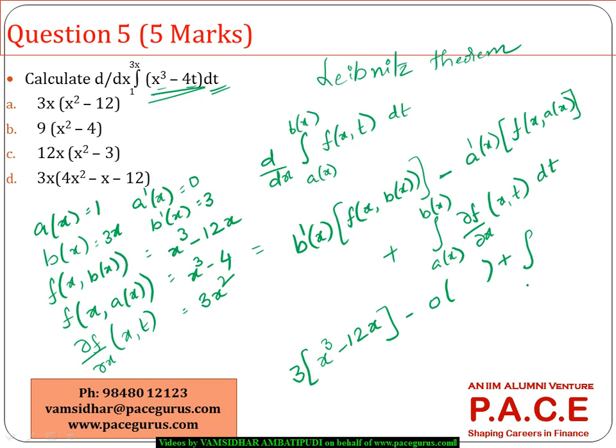And the integration between a of x, which is 1, to 3x, of dou f by dou x with respect to x. I am differentiating it, so it becomes 3x squared, whereas the integration I am doing with respect to t. So at least the first part is simplified: 3x cube minus 36x, this is anyhow 0.